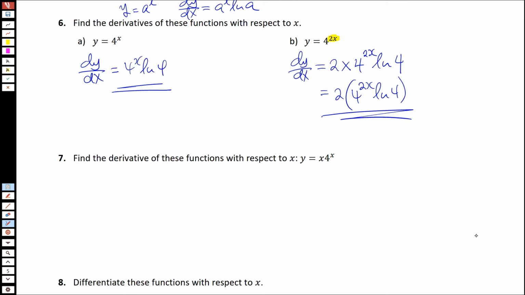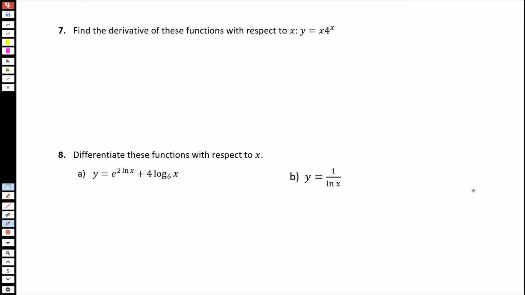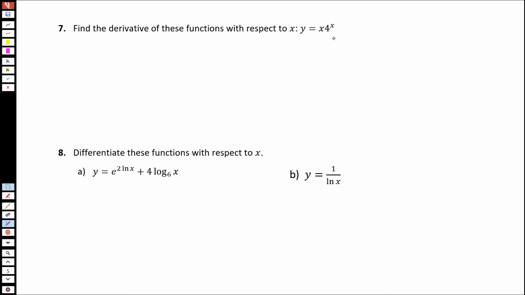Okay, moving on. Number 7, we are required to find the derivative of this. This is a product of two functions, so we apply product rule.